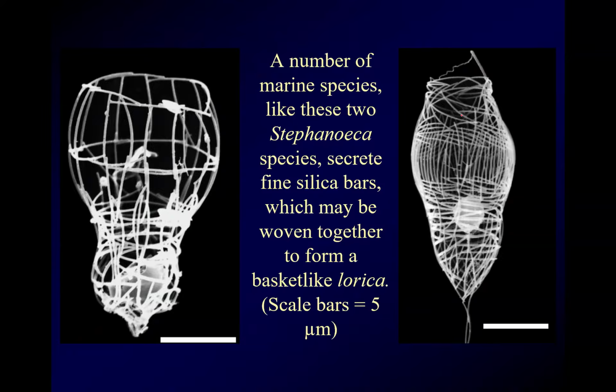A lorica is a breastplate, and you'll see it used in some other groups, not just this one, for a protective structure that reminded the guy who described it of a breastplate, quite possibly because he was on drugs. Anyway, these are marine choanoflagellates that secrete these silica bars that stick together to make up this lorica.